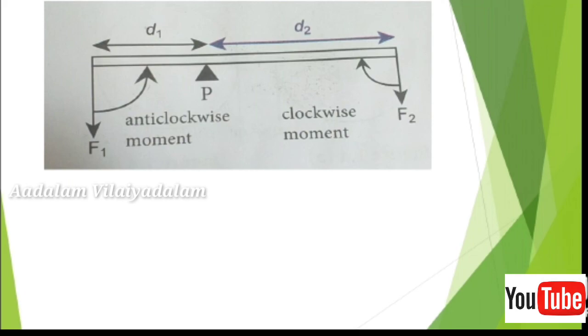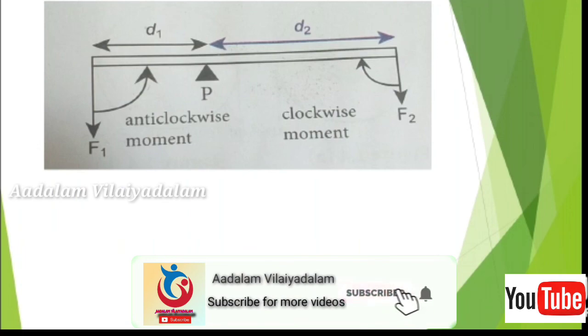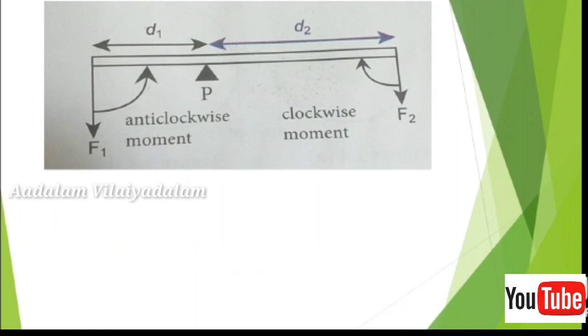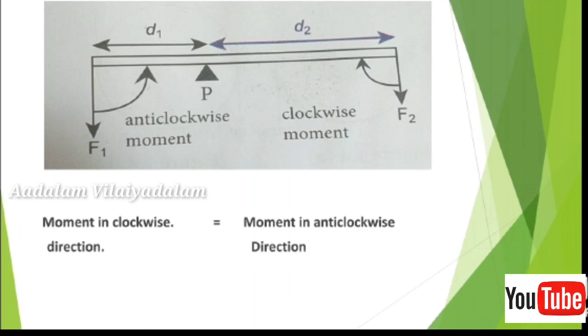F2 is the force which acts in the clockwise direction, with distance from the fulcrum to the other edge d2. Now we calculate the principle of moments: the moment in the clockwise direction is equal to the moment in the anti-clockwise direction, that is F1 into d1 is equal to F2 into d2. So, this is the principle of moments.